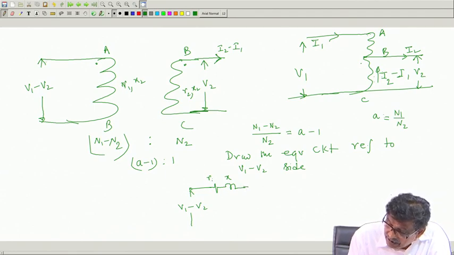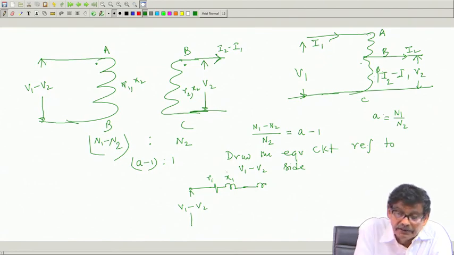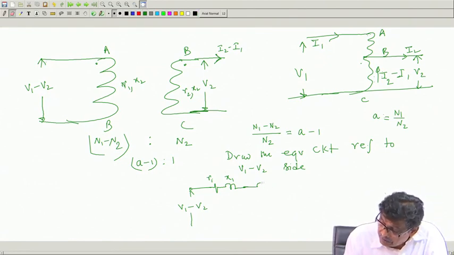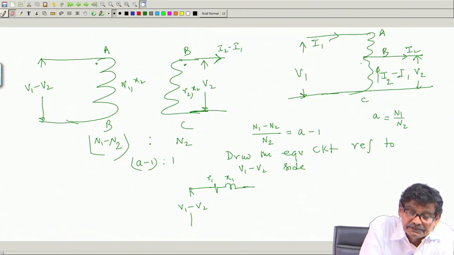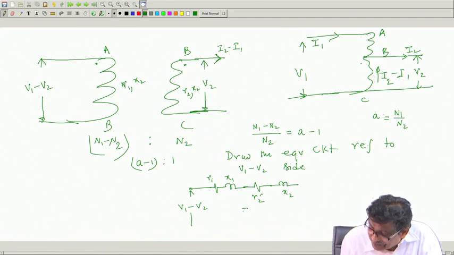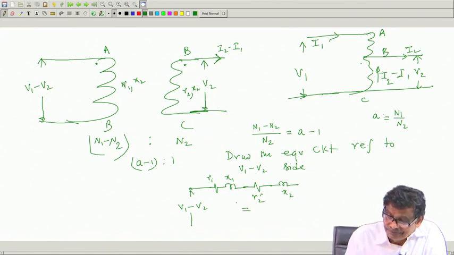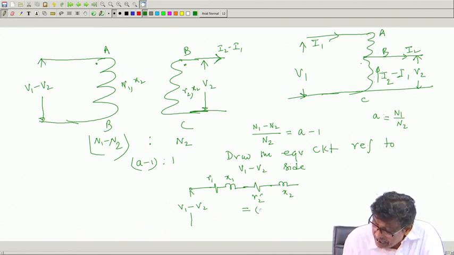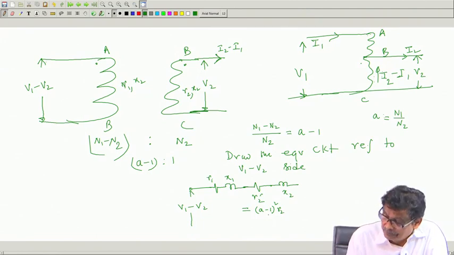So, this will be R1 X1 and this will be your R2 dashed and X2 dashed. Now, the big question is what is this R2 dashed in terms of R2? Turns ratio is this. So, this must be A minus 1 whole square into R2, not A square into R2.